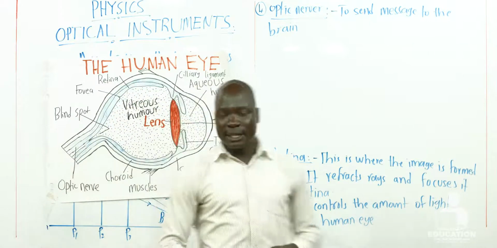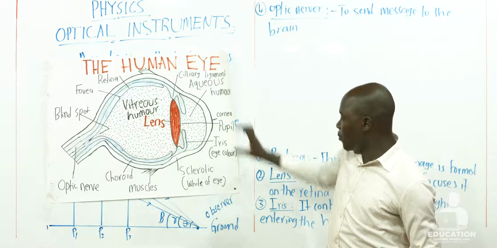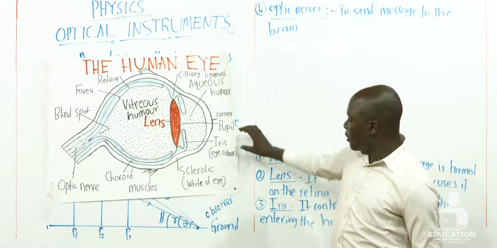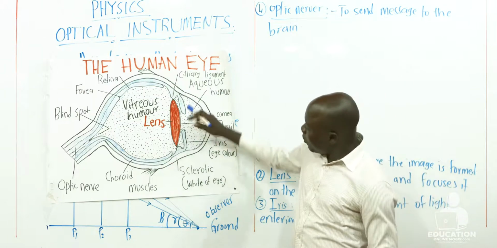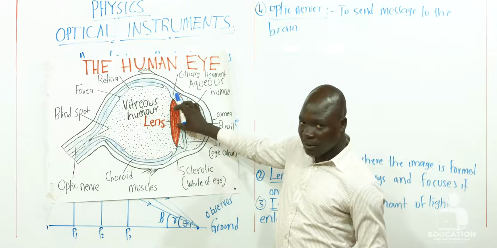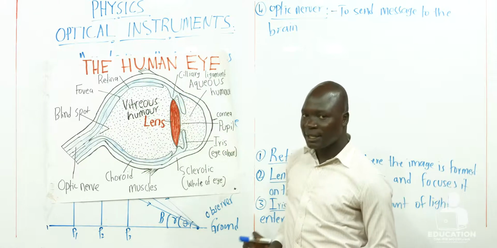So dear learners, these are some of the important parts that we have to concentrate on during the lesson. The lens found in the human eye is the convex lens.